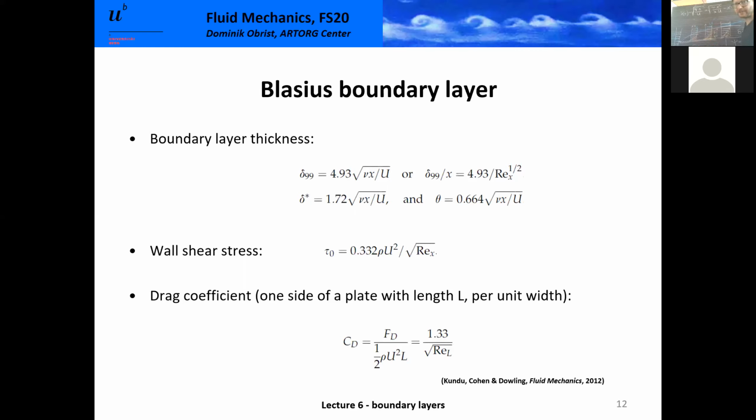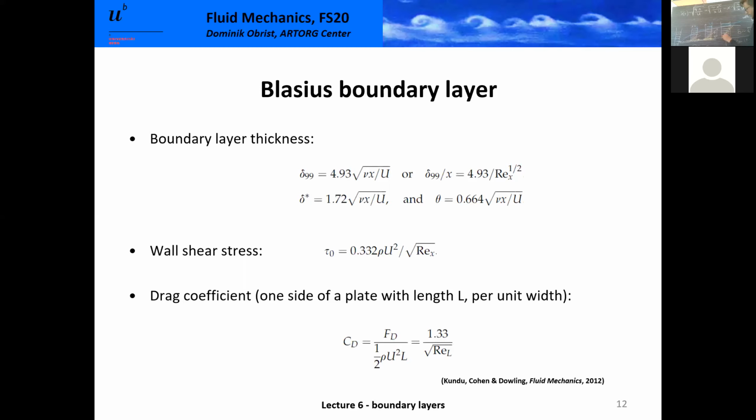The thinner the boundary layer is, the higher these forces are, because the gradient here is steeper, here it's more shallow, and here it's even more shallow.